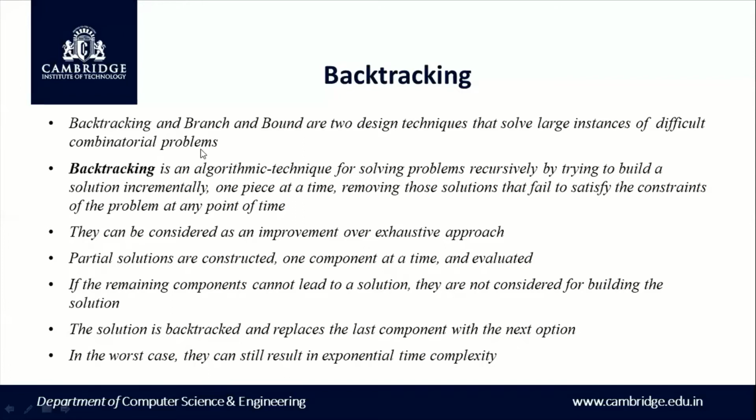What is backtracking? To explain backtracking, the easiest example that we can take is that of the Sudoku puzzle. I think all of us are familiar with solving Sudoku. Sudoku is a mathematical puzzle where you're given a 3 by 3 grid, and inside the 3 by 3 grid there are smaller grids, and one particular grid will have a set of 9 cells, and each of those cells you're supposed to fill with the 9 digits.